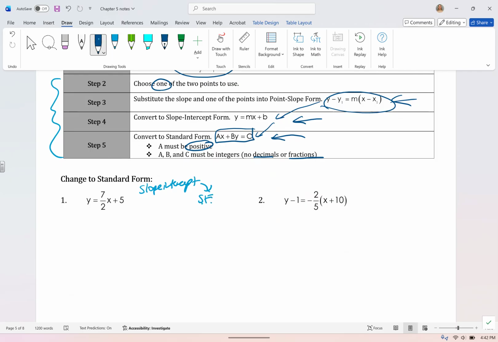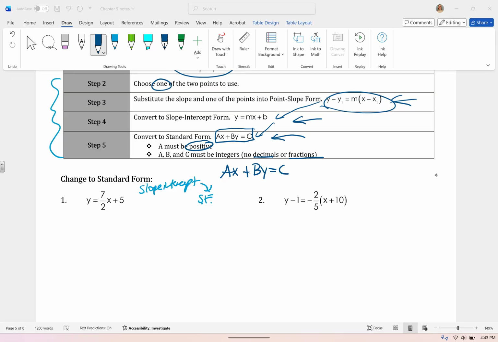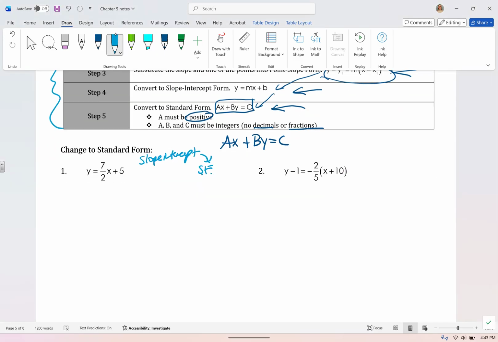Okay. So to do that, we want the X term, we want AX, and then BY equals C. Okay, so to get the X term on the left side, to move an entire term, you have to add or subtract it. So we're going to subtract 7/2 X from both sides.